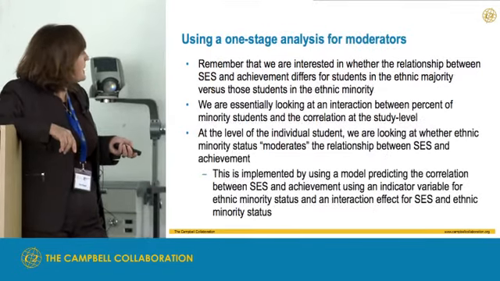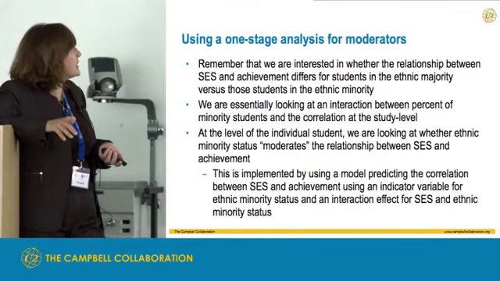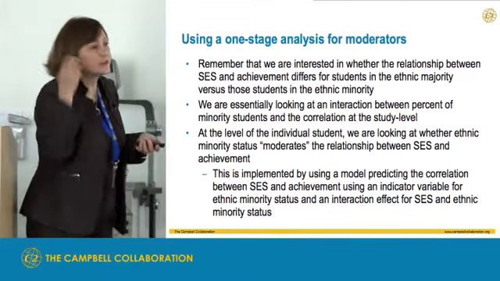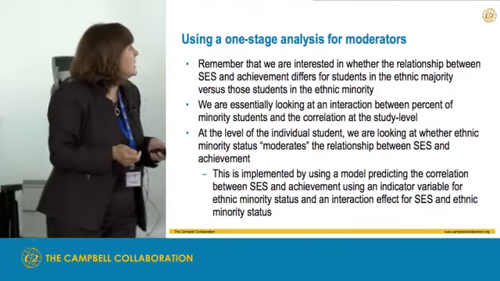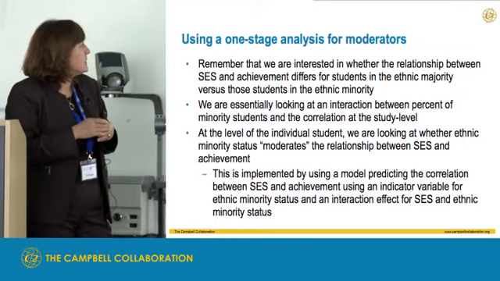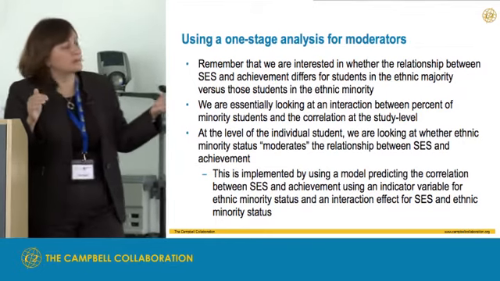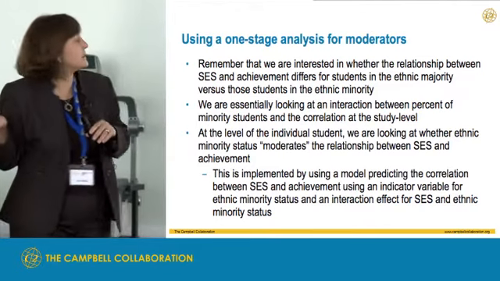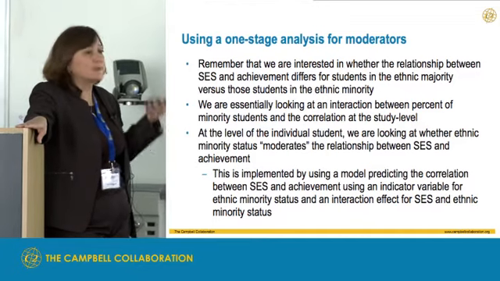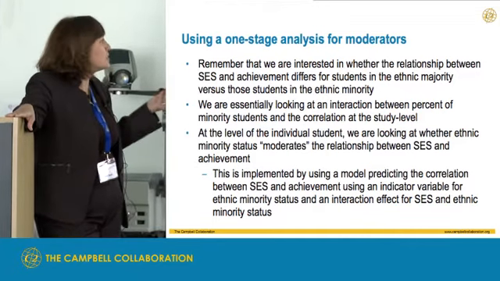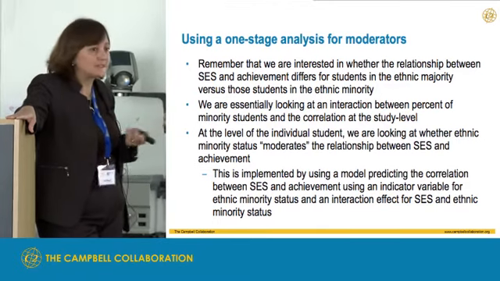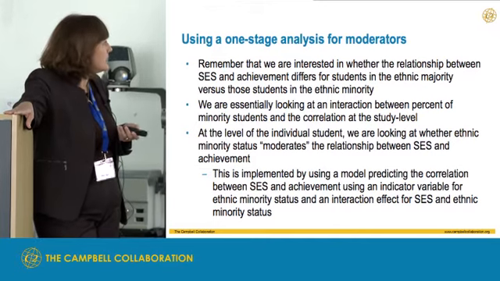Okay. But we are interested in whether or not that relationship between SES and achievement differs depending on whether you're ethnic minority or ethnic majority. So we're looking at, again, at the study level, an interaction between percent of minority students and the correlation. But at the level of the individual student, just like we were showing a couple slides ago, we're looking at whether being ethnic minority somehow moderates that relationship between SES and achievement.